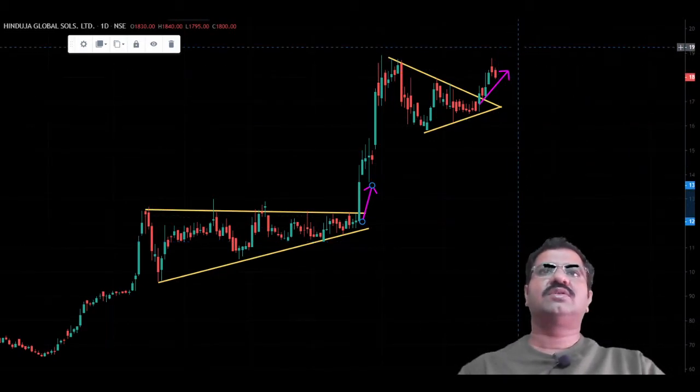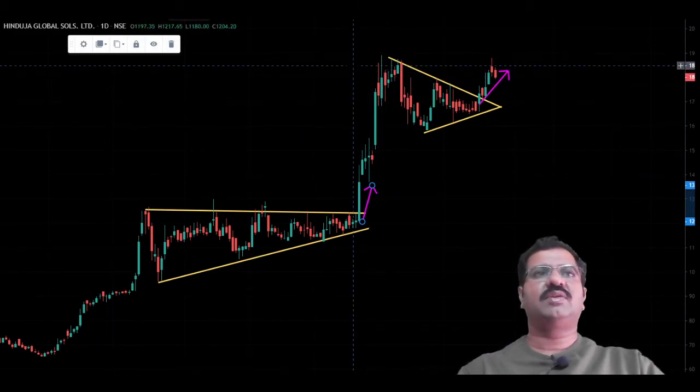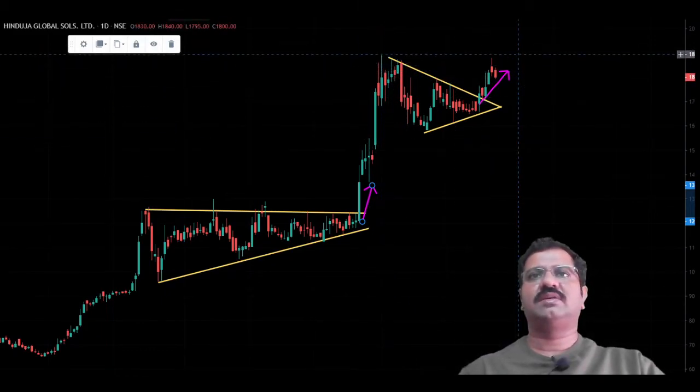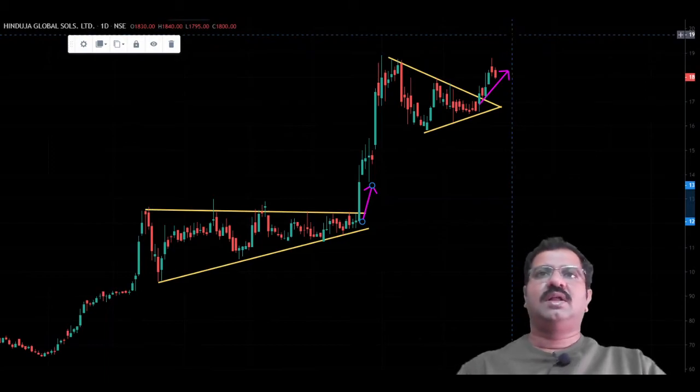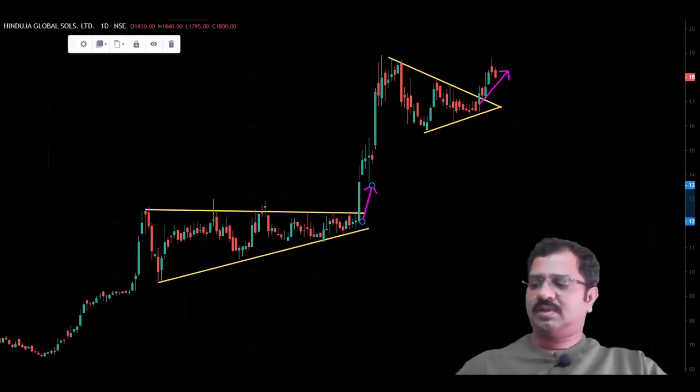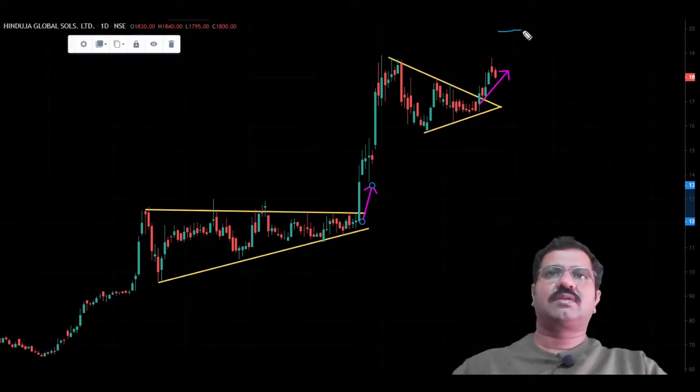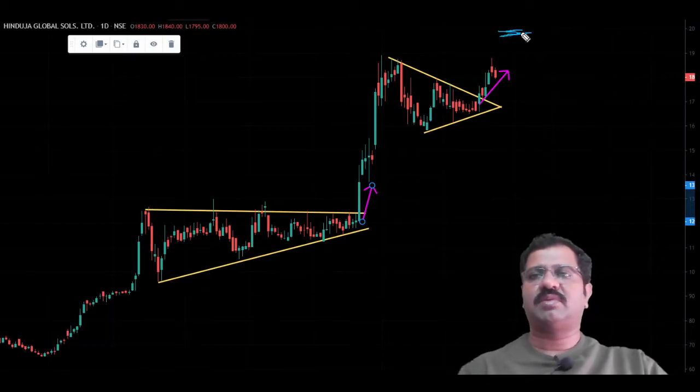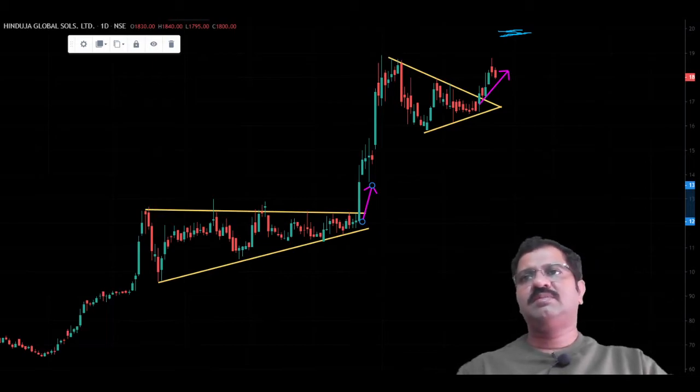Now here also your profit target will be something like this, from here till here. So somewhere around this point here, you will exit from the trade. Okay, let's move to the next chart pattern.